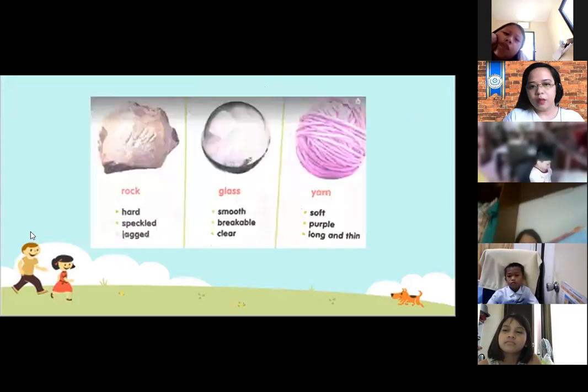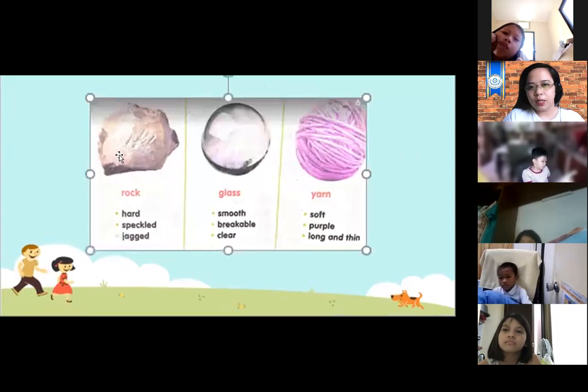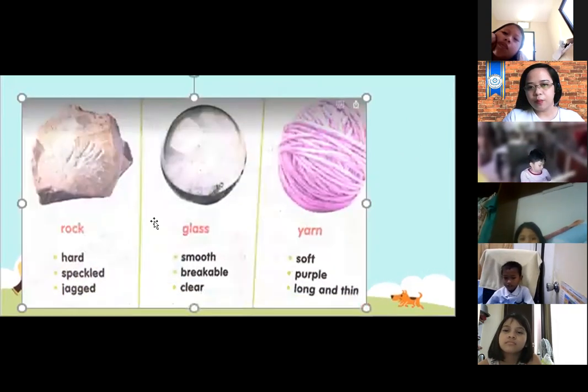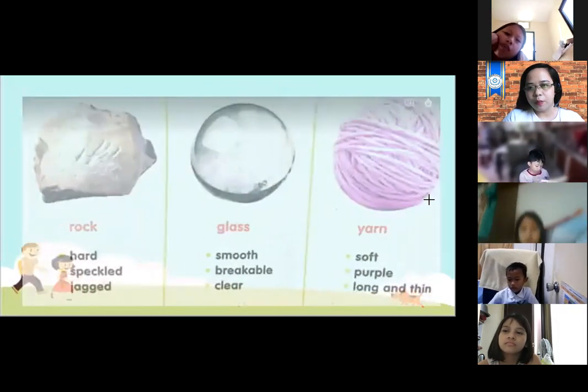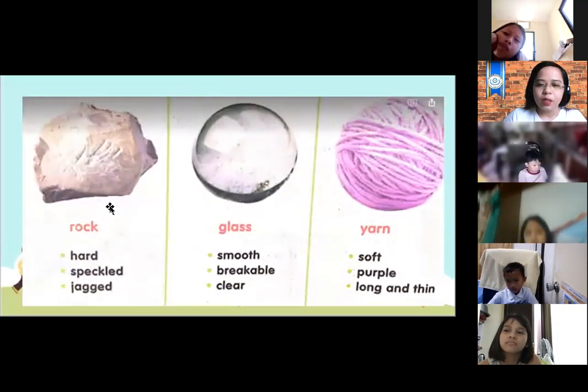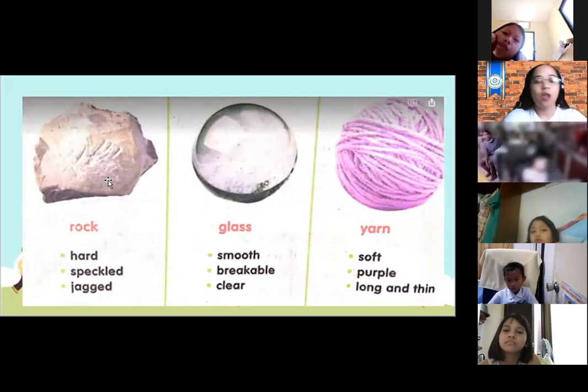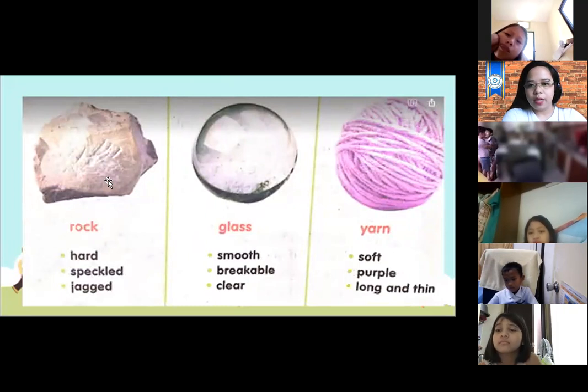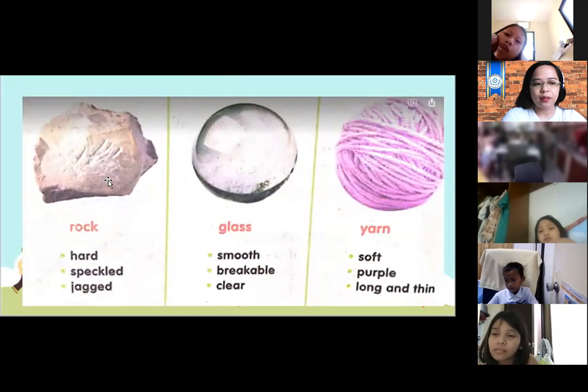Okay, so let's take a look at here. In this example, let me just widen it up so you can see properly. So what you can see, you have the rock. Okay, so rock is hard, speckled, and jagged. Then next you have glass.